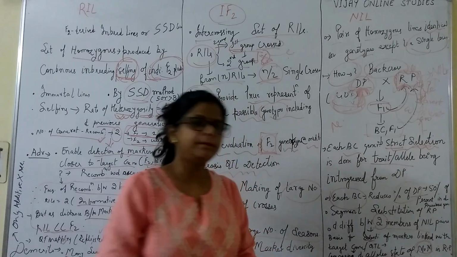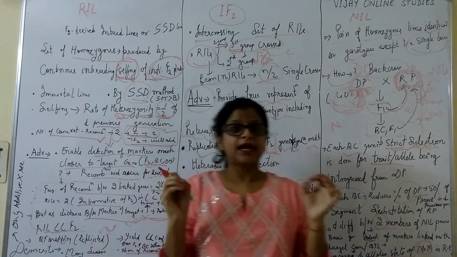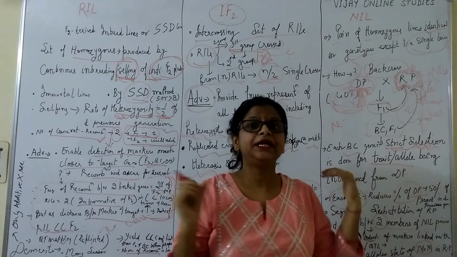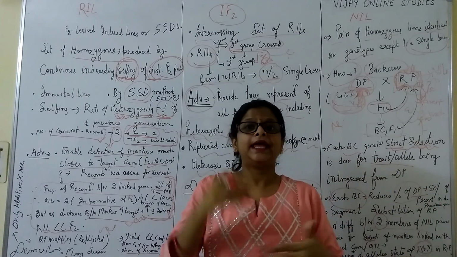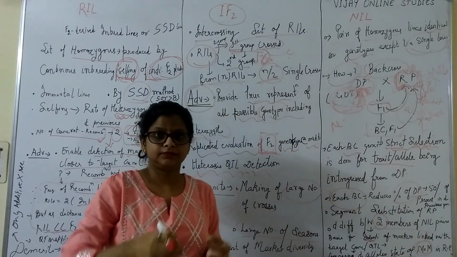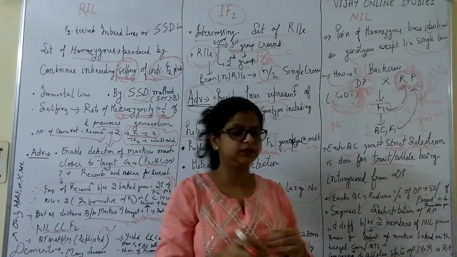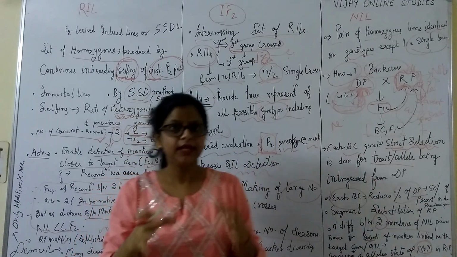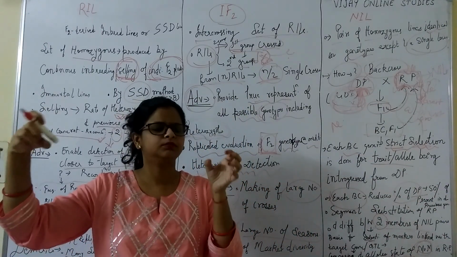Now, what are the major advantages associated with this mapping population? The major advantage is that it permits integration of conventional genetic markers into the existing linkage map you have, and through this it allows tentative integration of the gene of interest into your molecular linkage map.